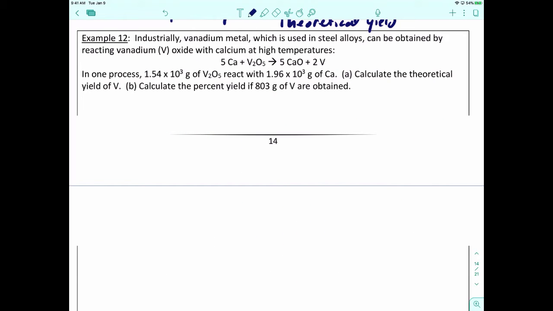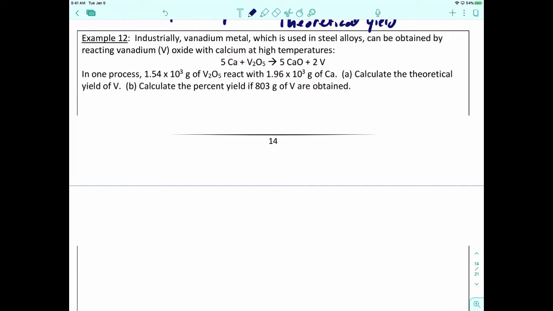Industrially, vanadium metal, which is used in steel alloys, can be obtained by reacting vanadium(V) oxide with calcium at high temperatures to give us this equation: 5 moles of calcium plus V2O5 yields 5 moles of calcium oxide plus 2 moles of vanadium. In one process, 1.54 times 10 to the third grams of V2O5 react with 1.96 times 10 to the third grams of calcium. Part A, calculate the theoretical yield of vanadium.